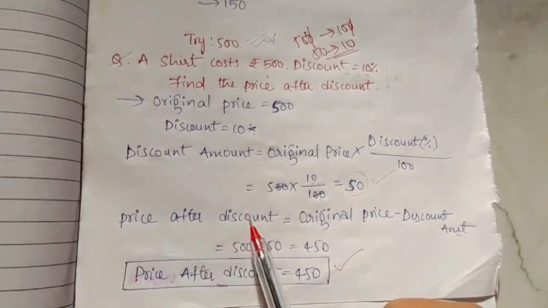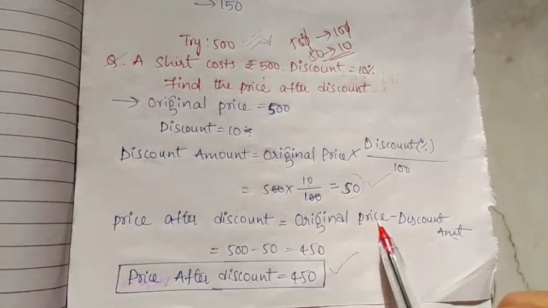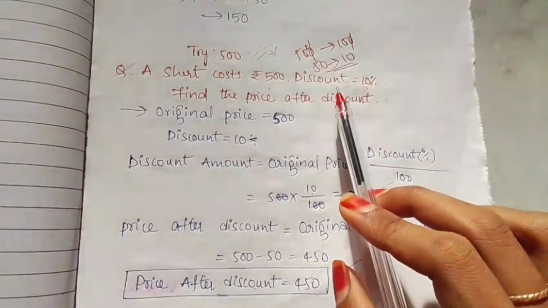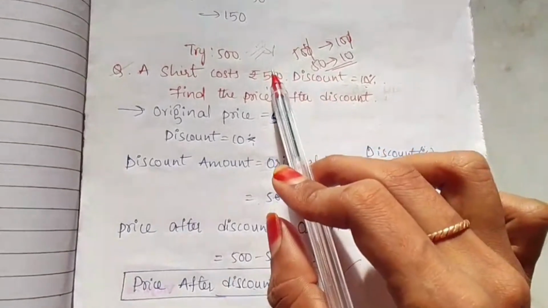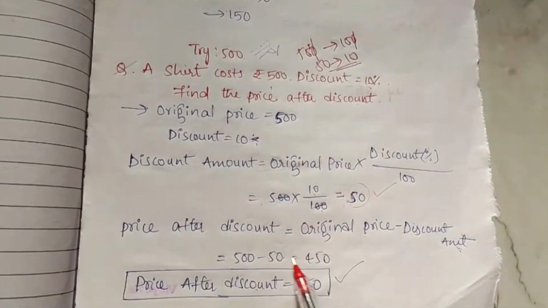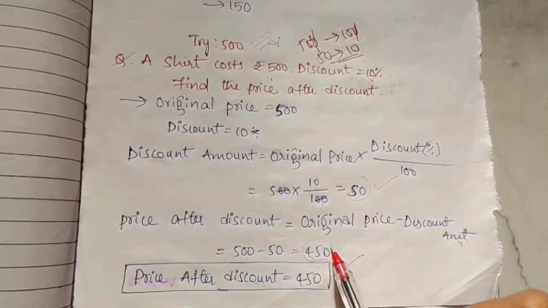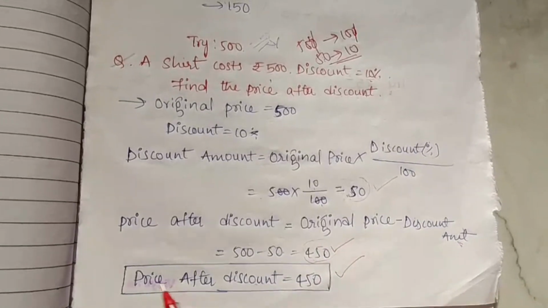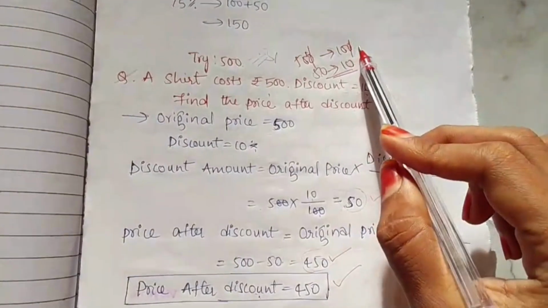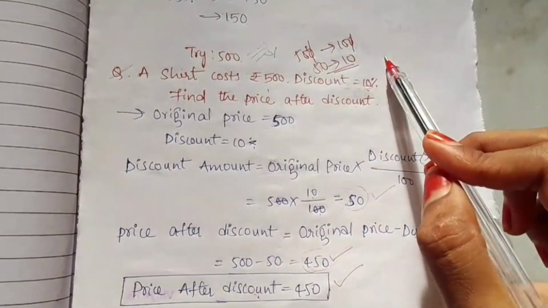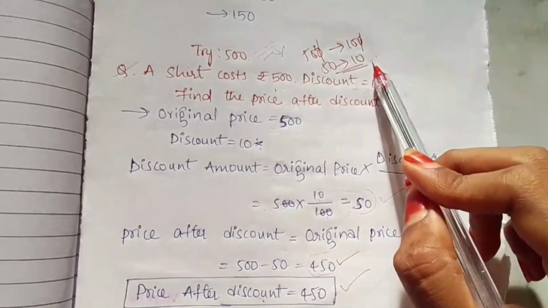Price after discount is equal to original price minus discount. We have to minus the discount from that original price, that is 500 minus 50, which is 450, means after discount it is 450. If you calculate in this method, it will be very easy and it will save your time as well.